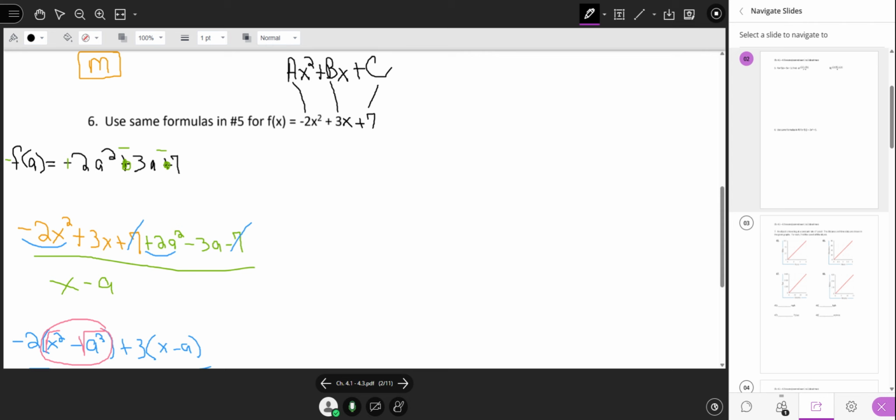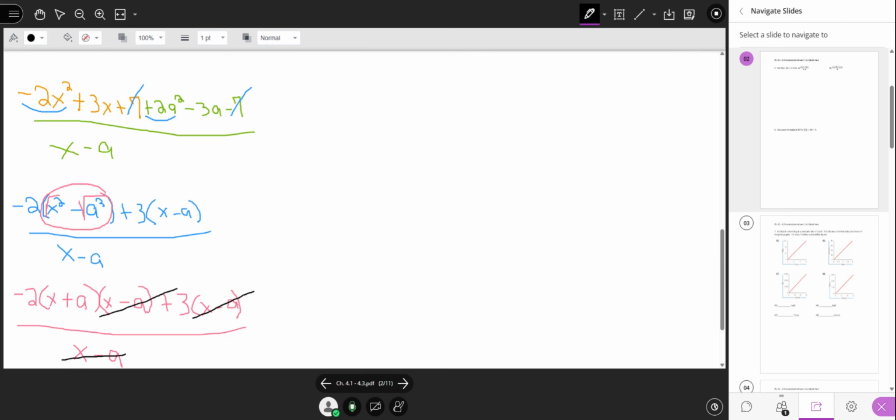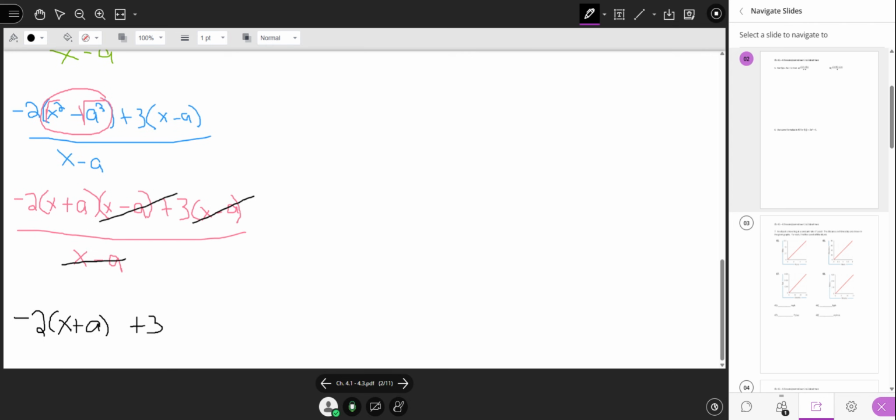So C goes away. Huh. So your formula for part A is really quite nice. Capital A, x plus a, and then plus capital B. This one is really nice. That's your formula, and you put that on your formula sheet.